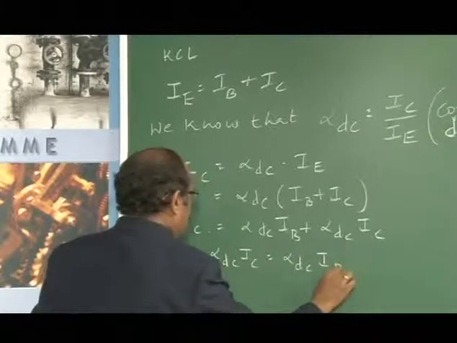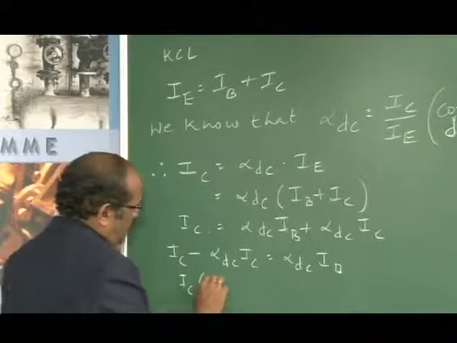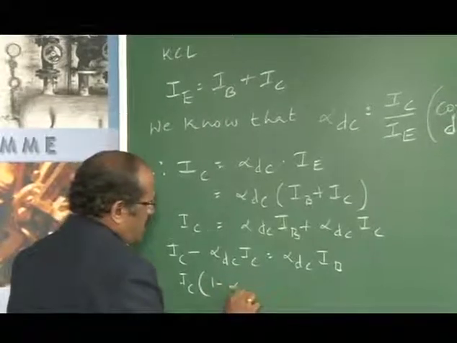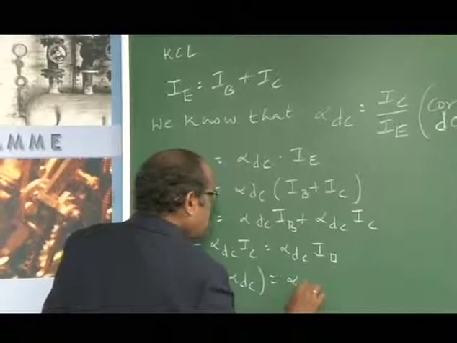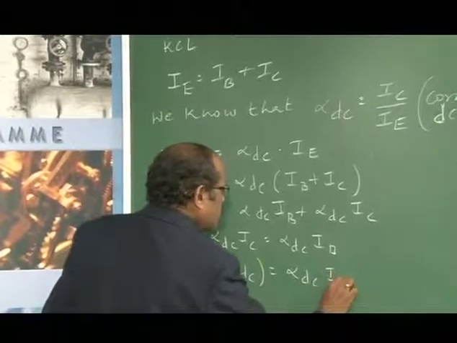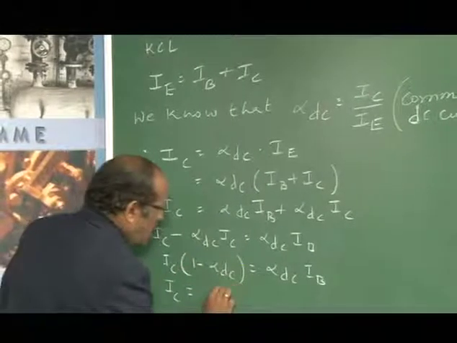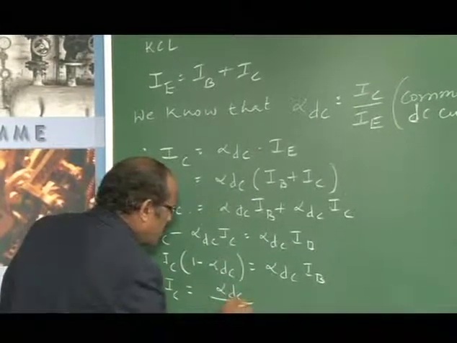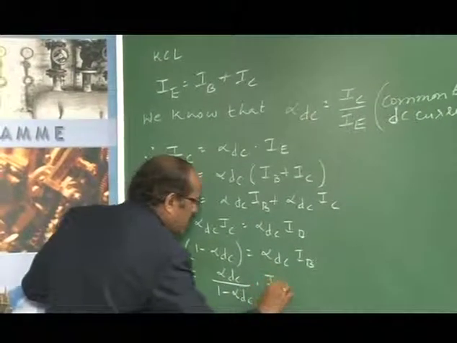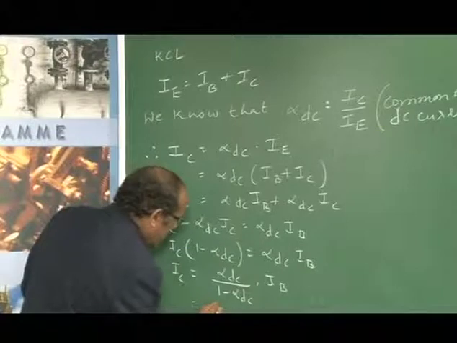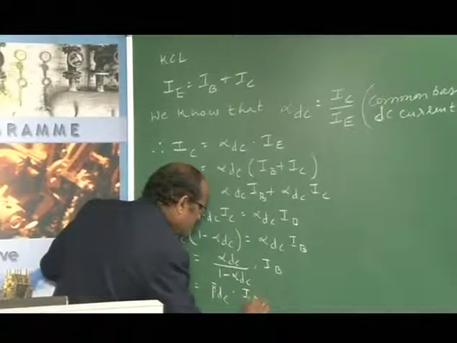Here I can take IC common, so IC into 1 minus alpha DC equals alpha DC into IB. Therefore IC will be equal to alpha DC divided by 1 minus alpha DC, into IB, or I can rewrite this as beta DC into IB.